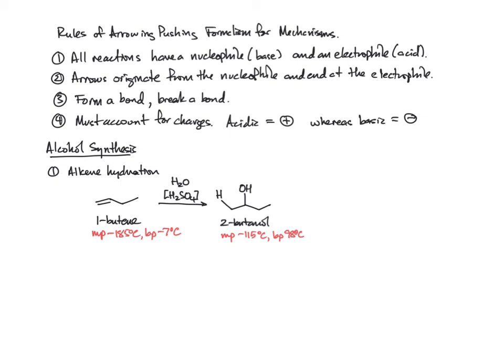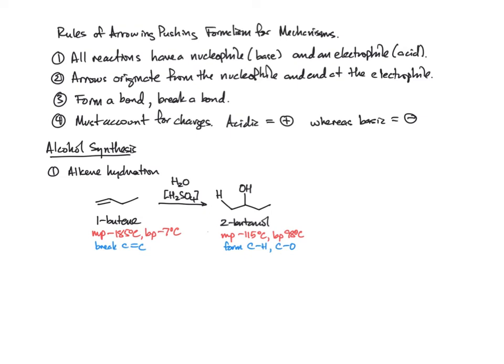If we're keeping count of what changes in the starting material, we need to break the C-C pi bond, and in the product we need to form a C-H and a C-O. So we're breaking this bond, the pi bond, and forming this bond and this bond.